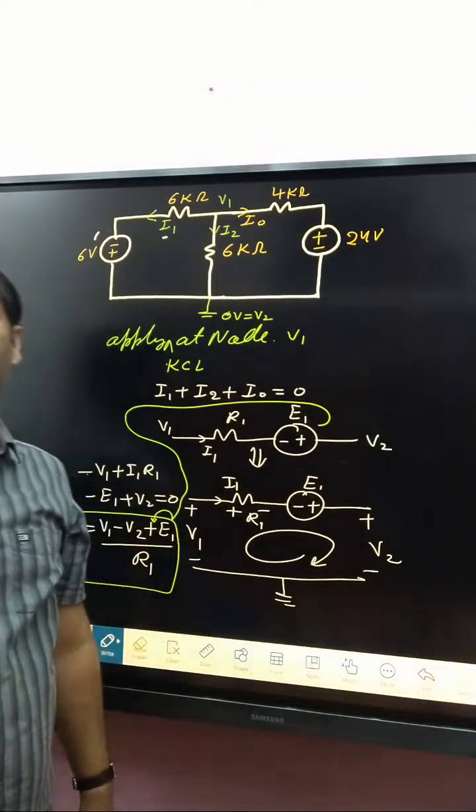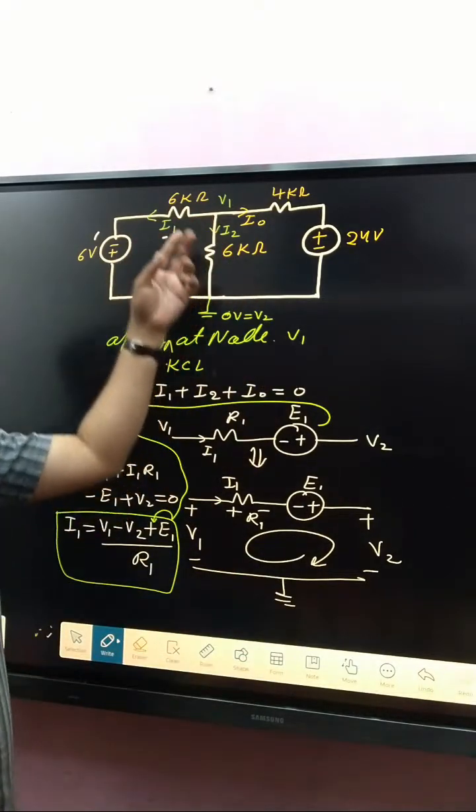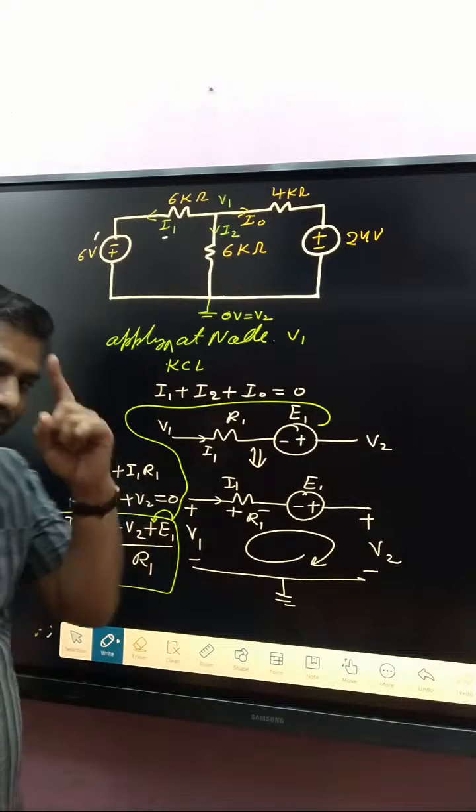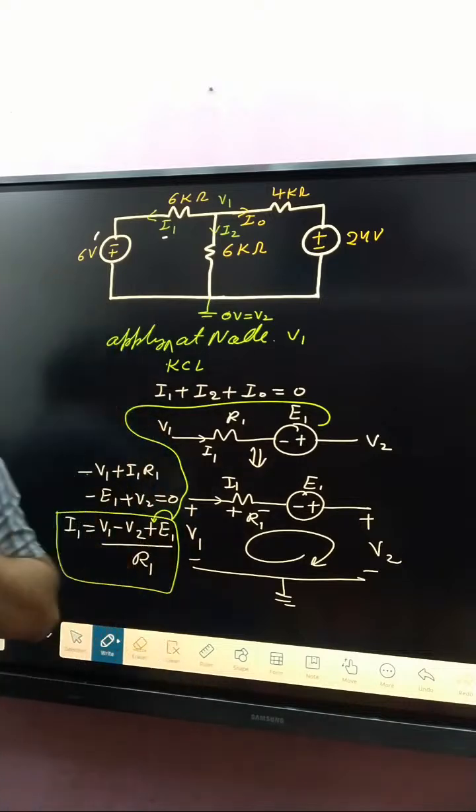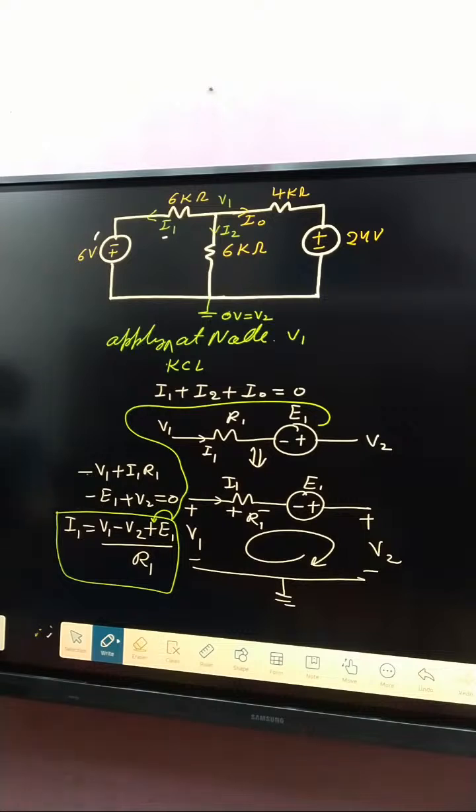If there are two resistances, then R1 plus R2. If one resistance, simply R1. Clear or not? If you feel all your doubts are clear, okay, I hope so. Clear?